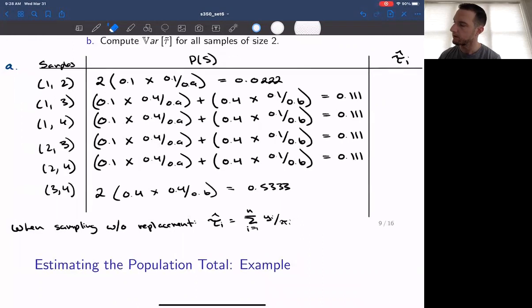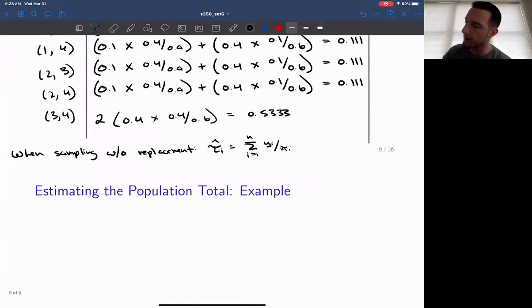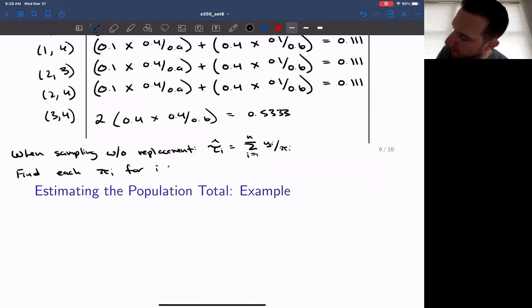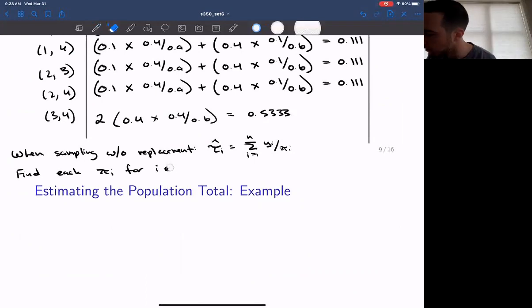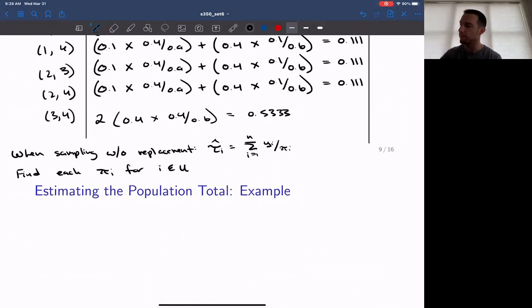Okay, so we have to find each pi_i for i in U. There we go. All right.